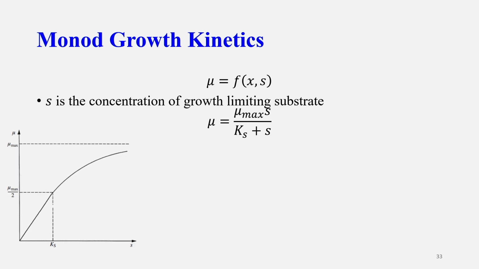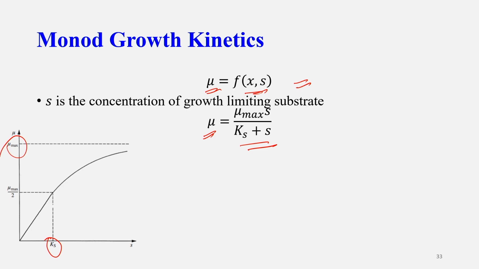So, we can quickly see what we discussed on the Monod growth kinetics. It says mu is a function of both x and s, and mu equals mu max s upon Ks plus s. Mu max is the maximum specific growth rate and Ks is the half saturation constant. You can see this is Ks, this is mu max.